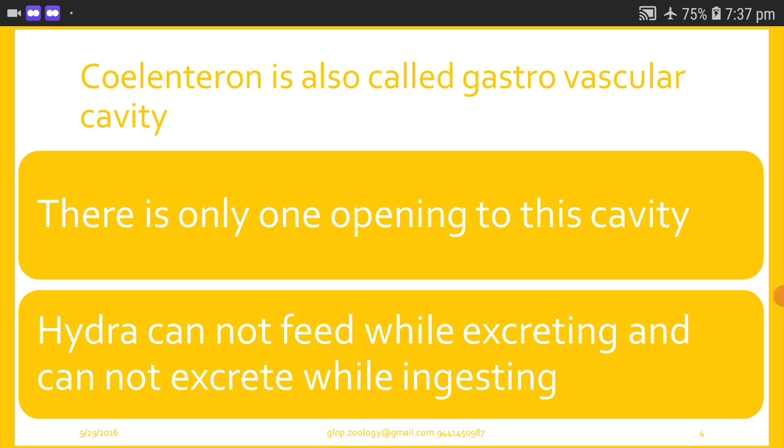But in coelenteron, the digestion is only partially completed. This partially digested food will be absorbed into certain nutritive cells that are lining the gastrodermis, and the further digestion takes place inside the cell. That means even intracellular digestion is also taking place in coelenterates.